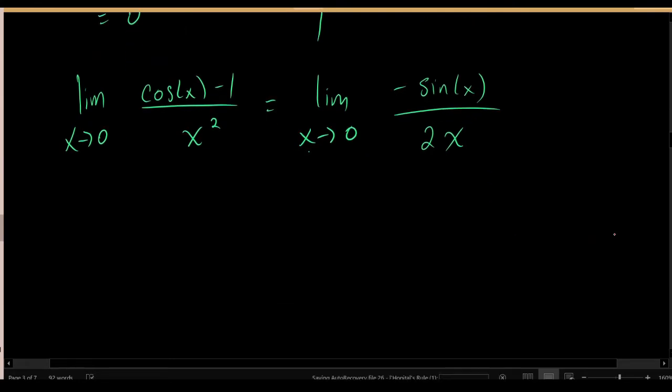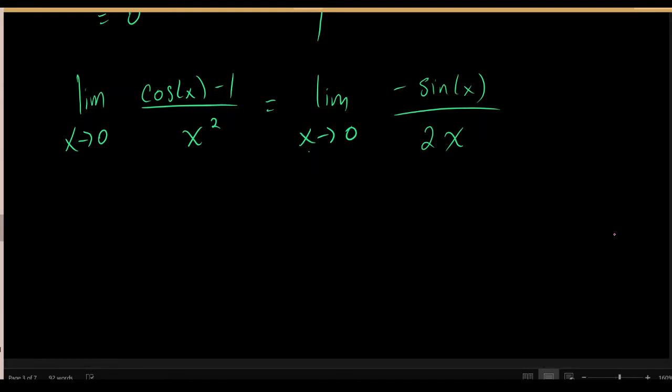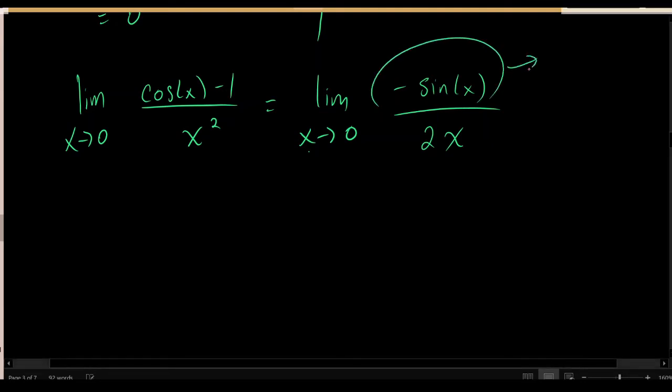But what's interesting is that we have once again arrived at a quotient where the numerator and the denominator are both individually approaching 0. Negative sine approaches 0, 2x approaches 0, and what this means is we can use L'Hopital's rule a second time.